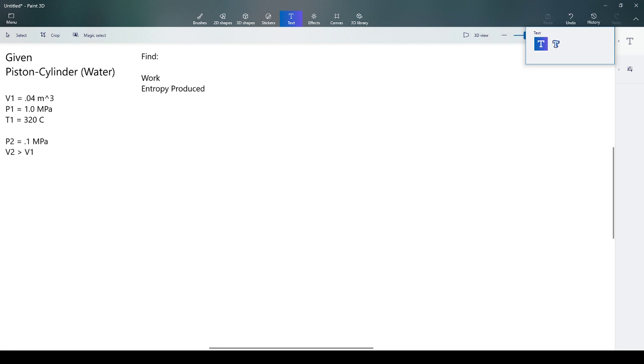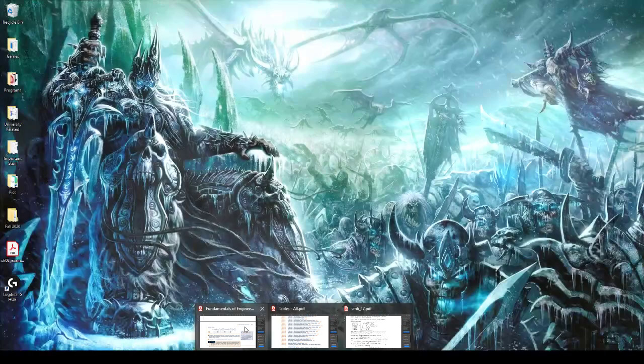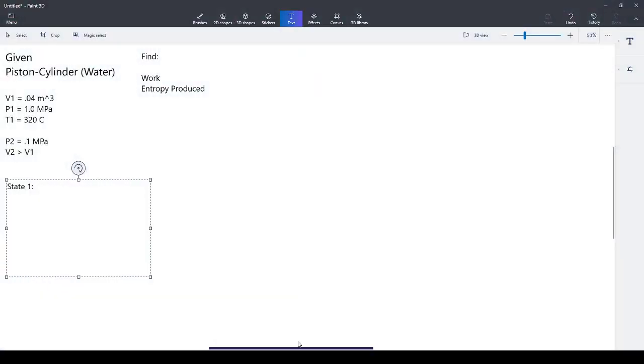Is that fair to say? So let's start at state 1. No need to get too lost in the details yet. We have pressure 1 and temperature 1, so we can find everything we need to know about the other things. So let's go ahead and do that. Tables here.